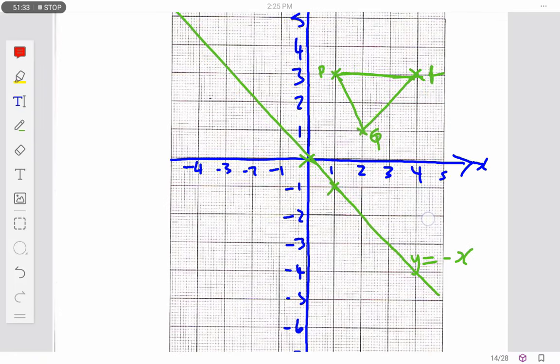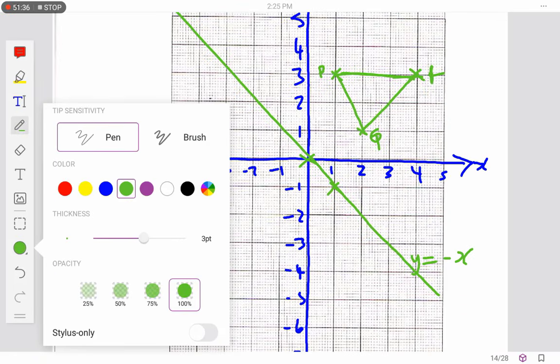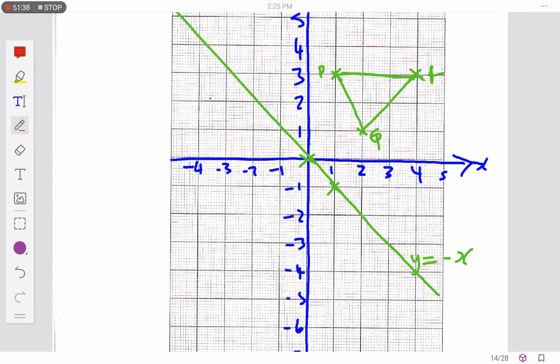When you are reflecting, the easiest way is to use a ruler. You draw a line straight passing through that point there, from Q to the mirror line. Then you can have another one straight passing through these points like that.